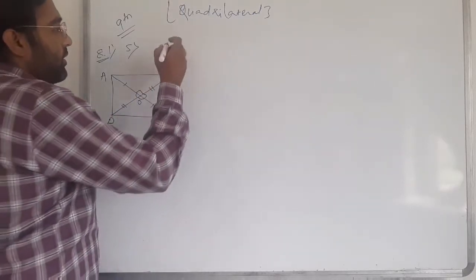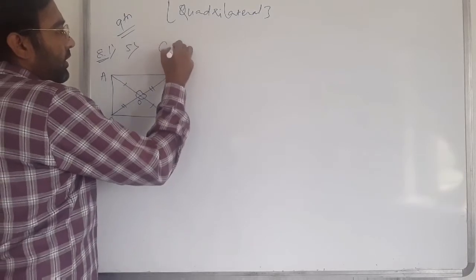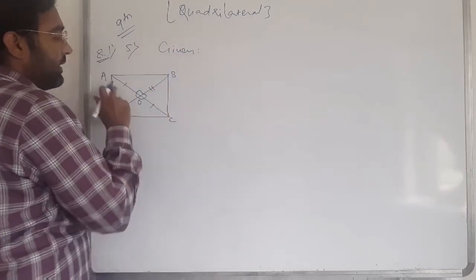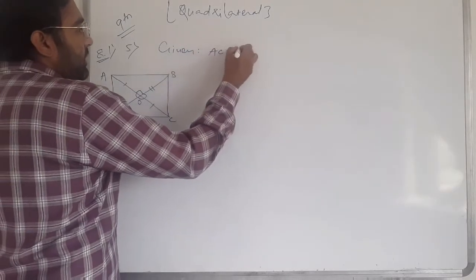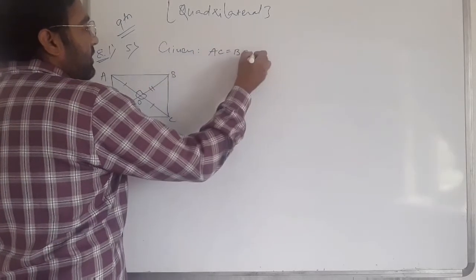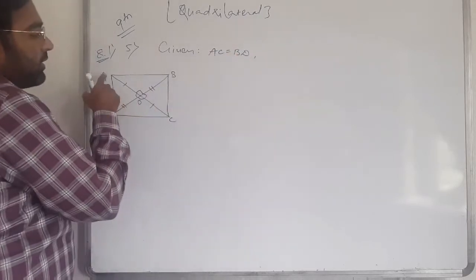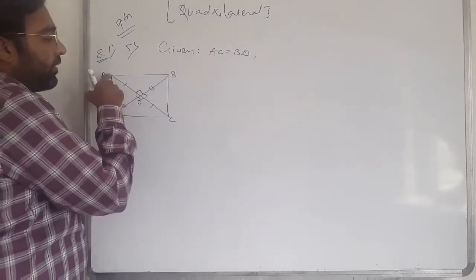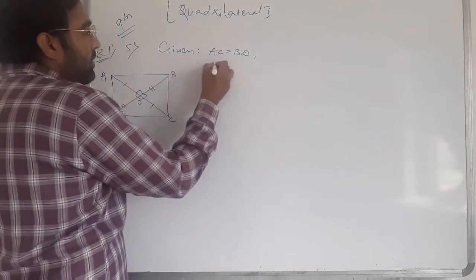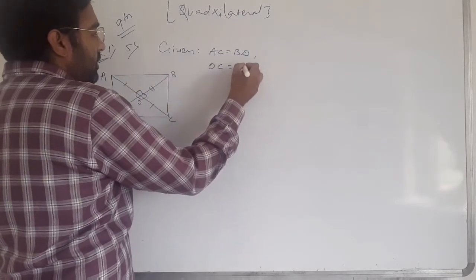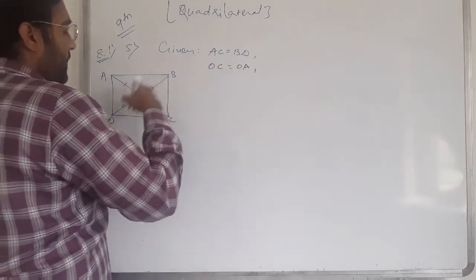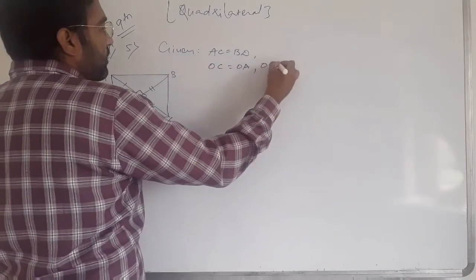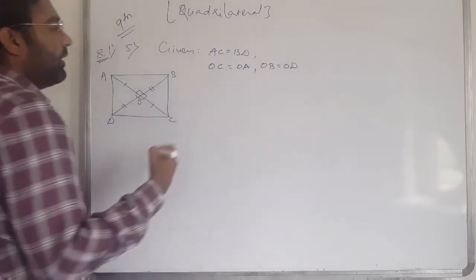Given that AC and BD are equal, AC is equal to BD. The second thing given is that the diagonals bisect each other, therefore AO equals OC, and OB equals OD.